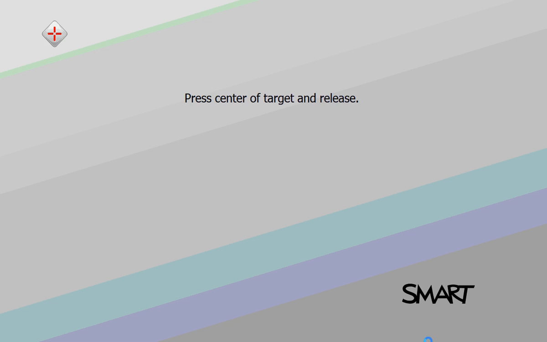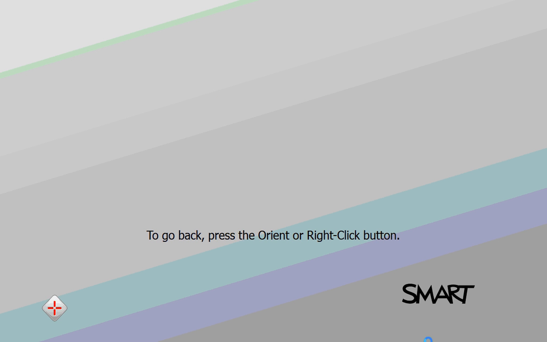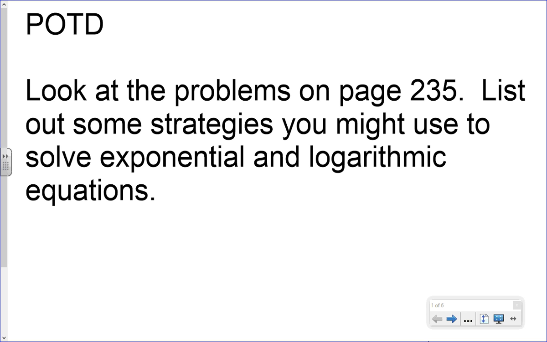Okay, so today, as you can see, we are going to solve equations that involve either logarithms or exponents. All right?